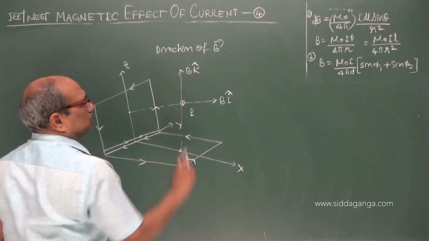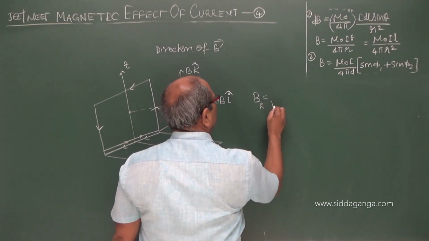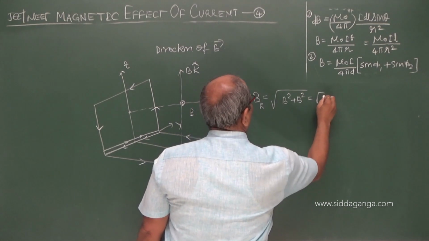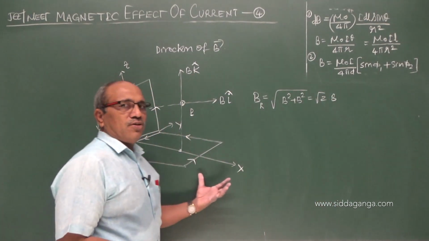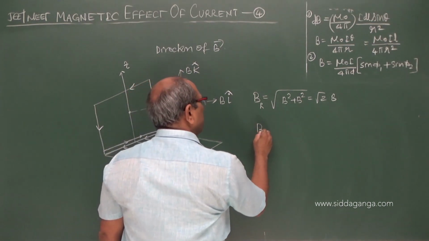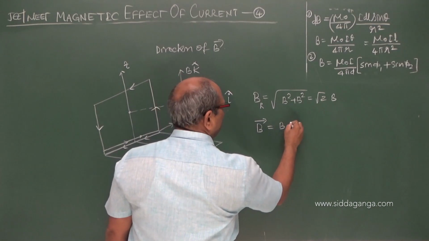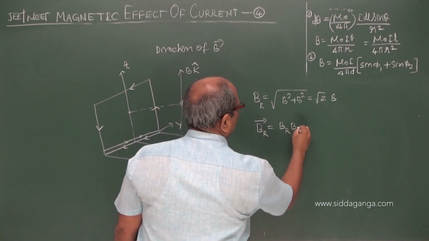Both are perpendicular to each other. What is the resultant field? Root of B square plus B square is equal to root 2 B. But you know in vector algebra you have studied, for a magnetic field or any vector, it is magnitude into direction, B_R is B_R into B_R cap.